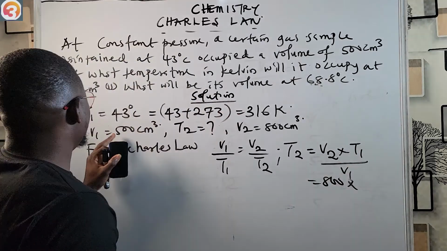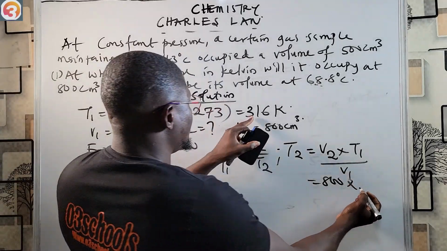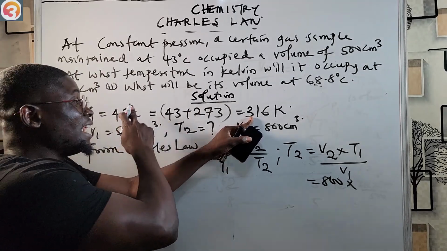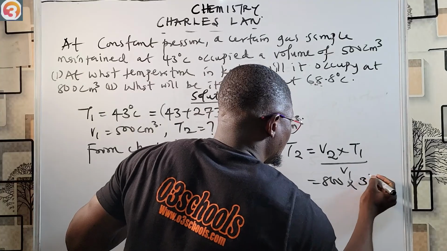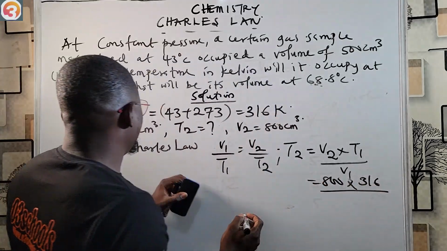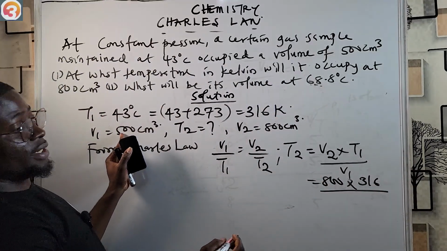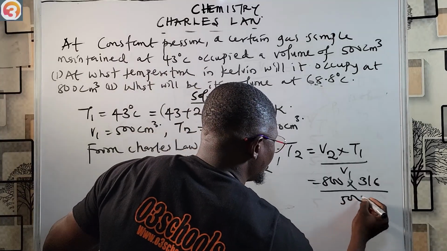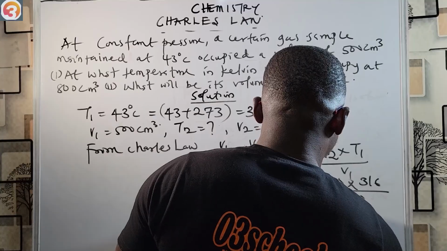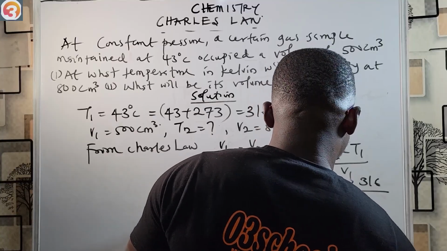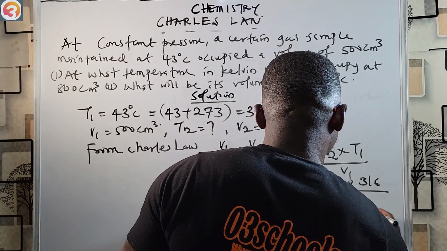T1 is 40 plus 3, which is 316. See, you don't solve with 43. If you solve for 3, you are wrong already. So it's 800 times 316 over V1, which is 500. If you do this, your answer will give you 505.6 Kelvin.